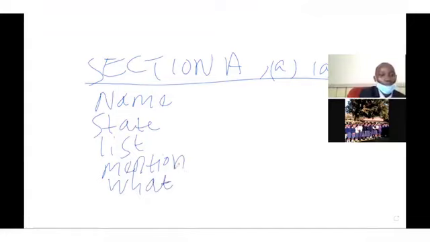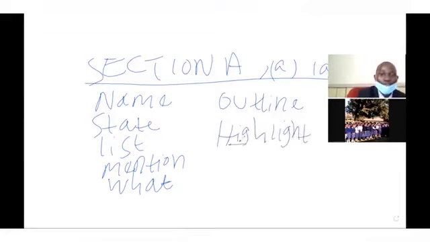We also have other terms like outline. We also have other terms like highlight, which is not much used. You may find one question concerning this, but all the same, they are telling you to give the answer. You don't explain. There is no explaining.